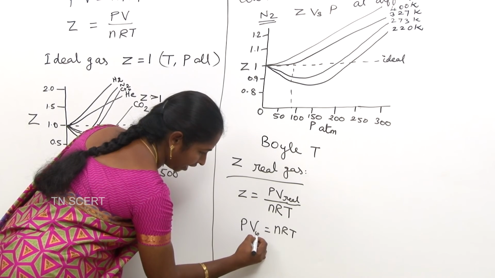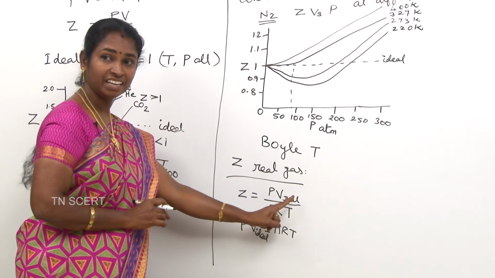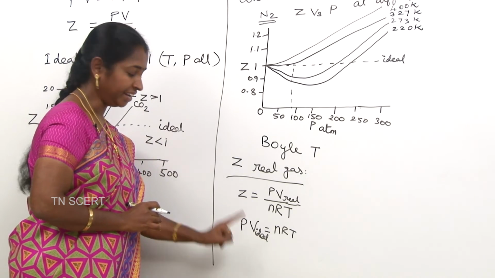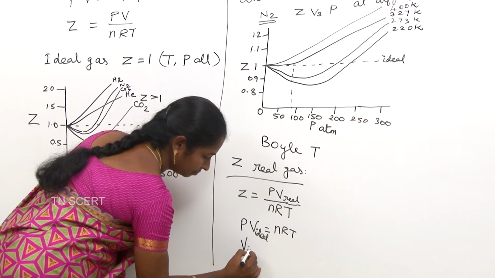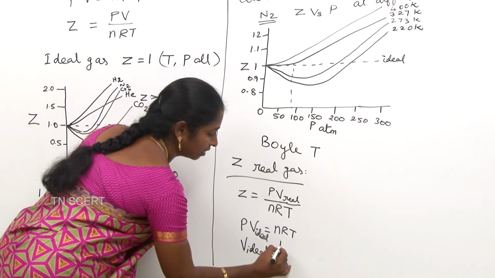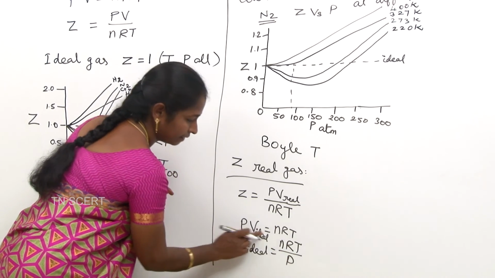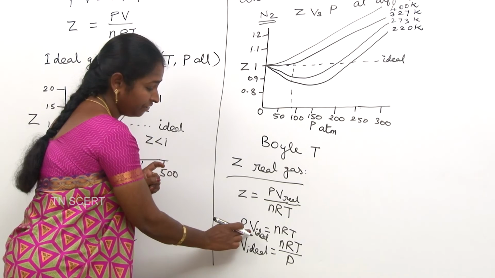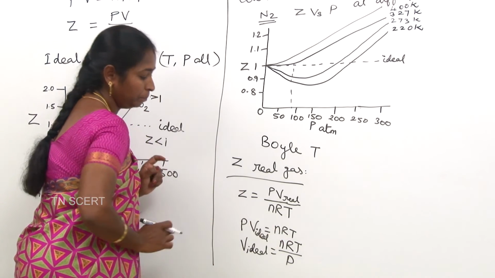This is V ideal, is it not? Okay. This is V real and this is V ideal. Now, V ideal is equal to what? Rearranging this equation, V ideal is equal to nRT by P.